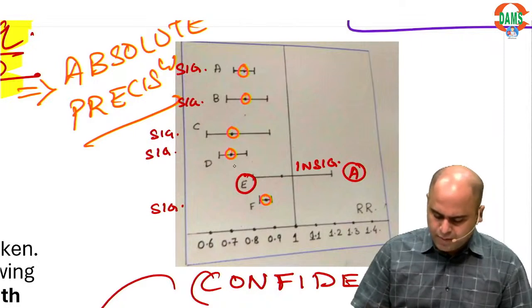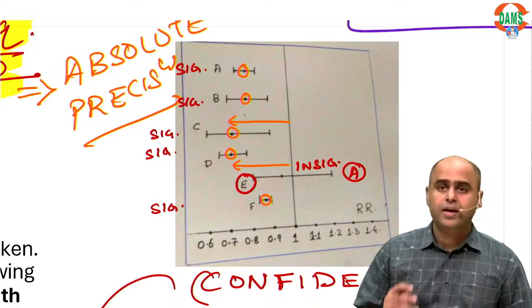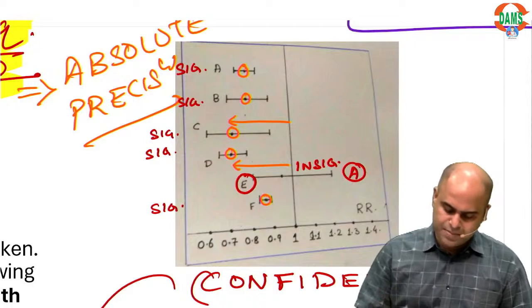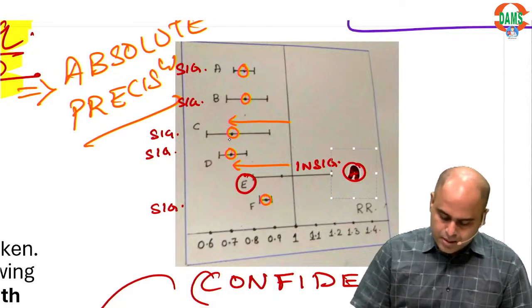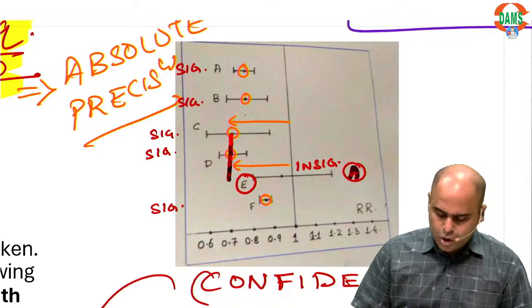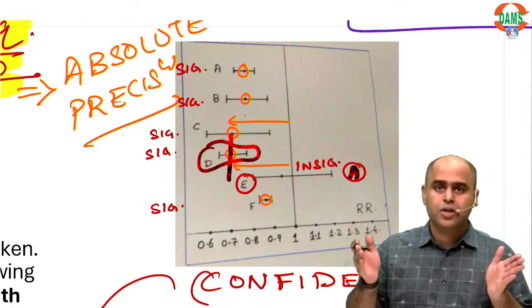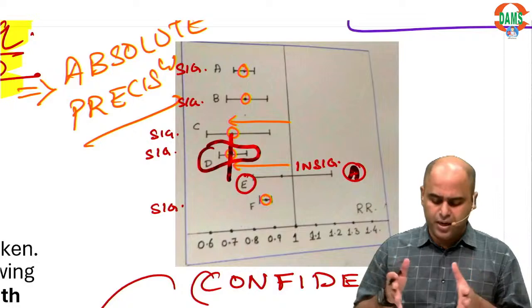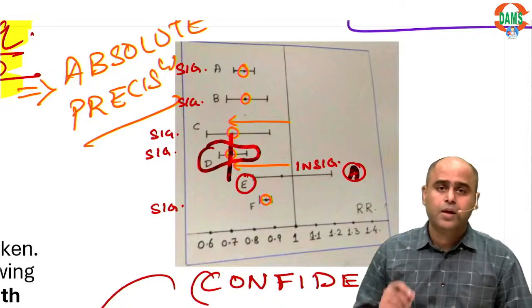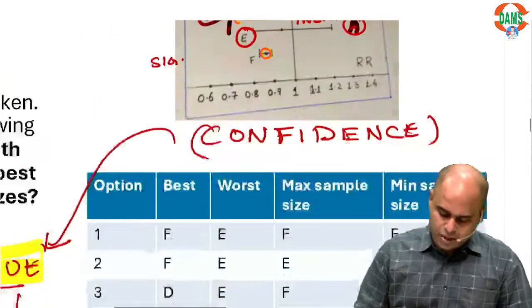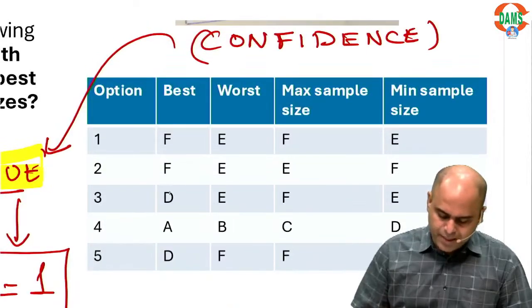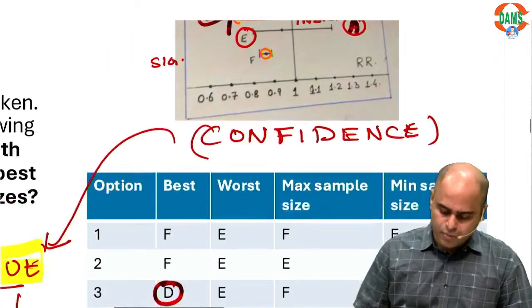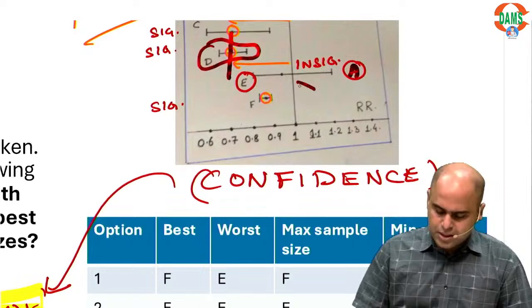So from the null value, the point estimate for D and C is maximum. Since the point estimate is same, the CI of D is smaller. Because the CI for D is smaller, the best will be D. Worst, it was E.